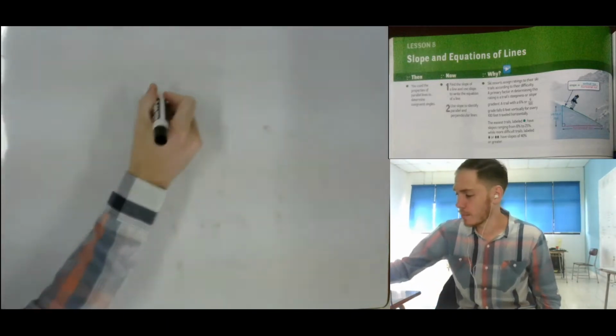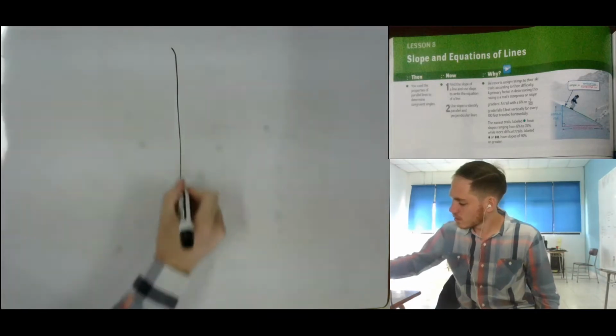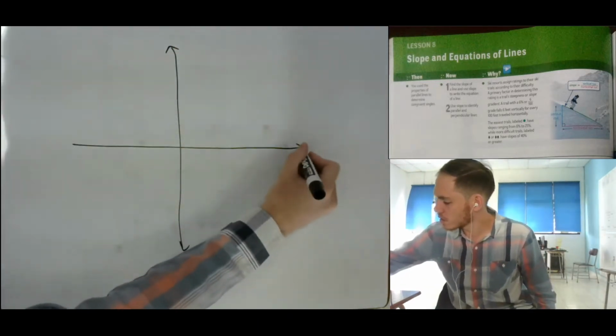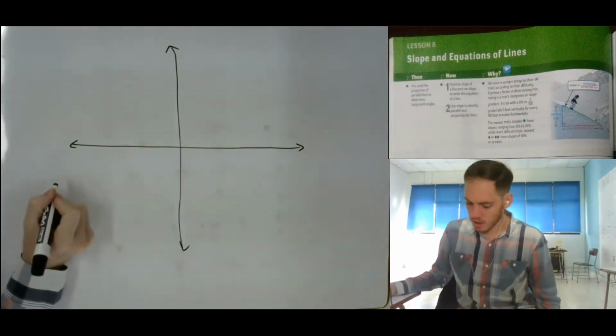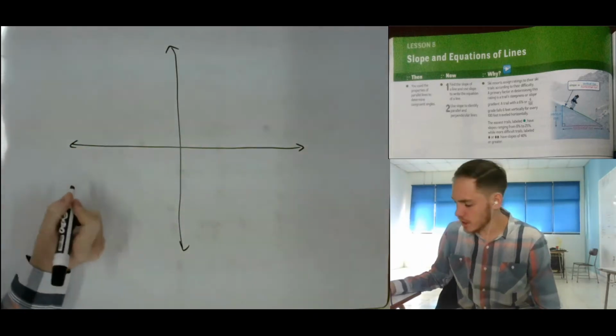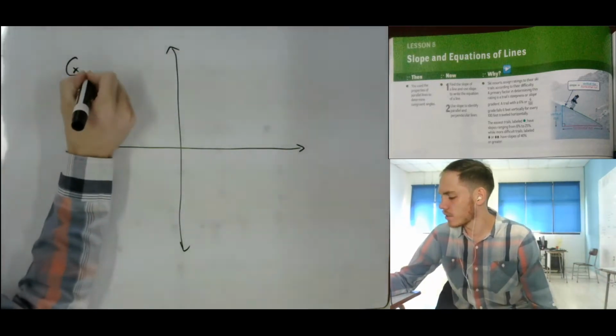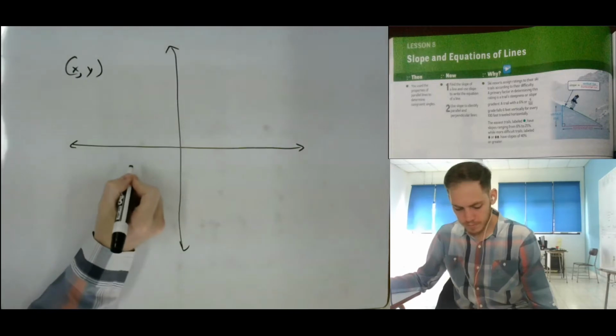We're going to be talking about the coordinate plane, which is this plane. Each point is given by an x value and a y value.